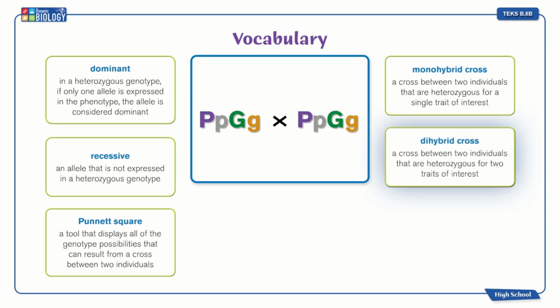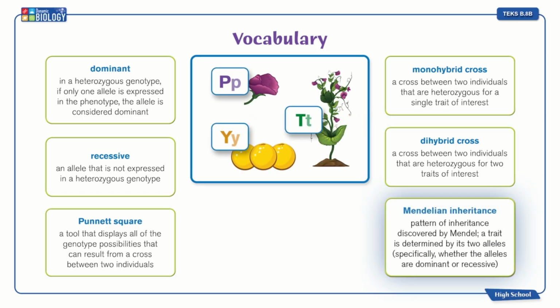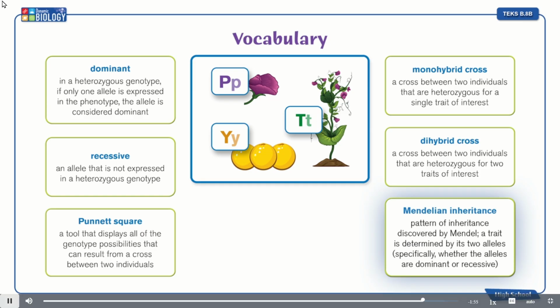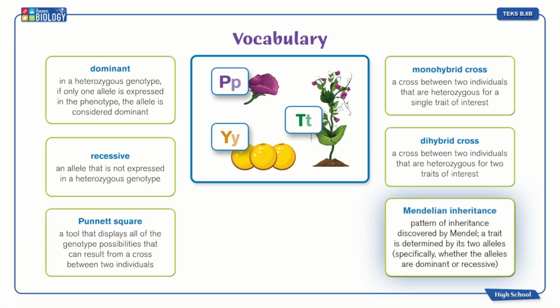A dihybrid cross is a cross between two individuals that are heterozygous for two traits of interest. Mendelian inheritance is the pattern of inheritance discovered by Mendel through his studies of pea plants. In Mendelian inheritance, a trait is determined by its two alleles, specifically whether the alleles are dominant or recessive.